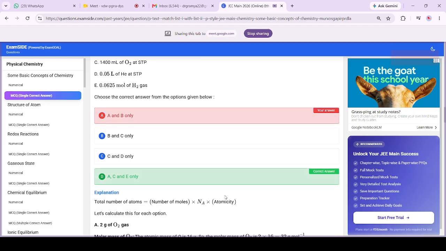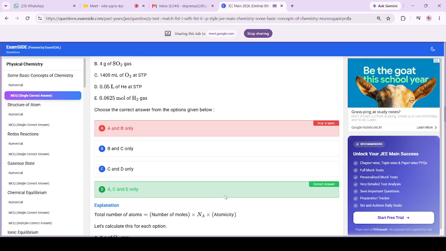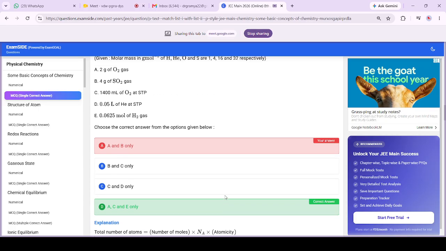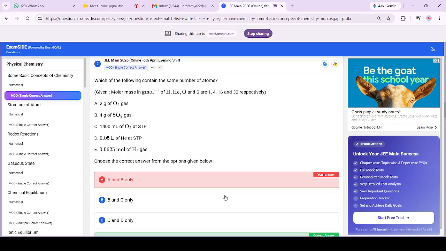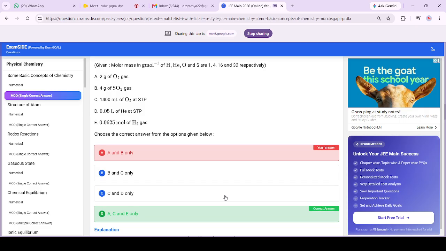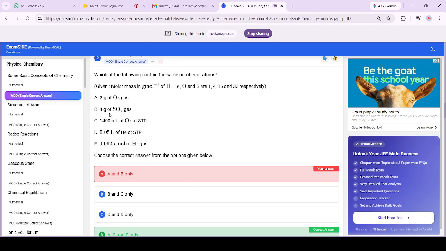Both of you have given me the wrong answer. We got A and B as both the same number of molecules, atoms. How come? Did you multiply with atomicity?